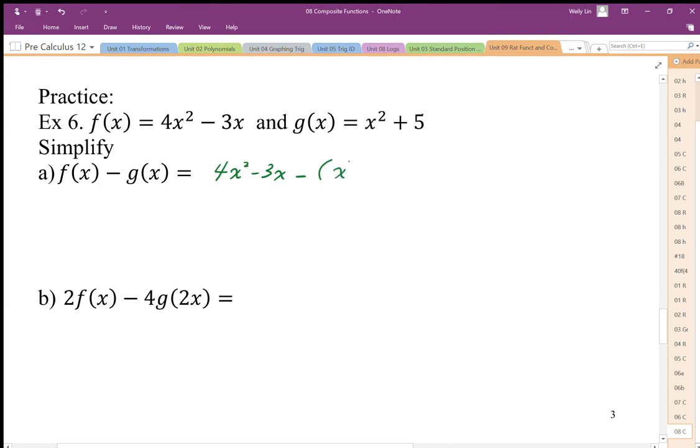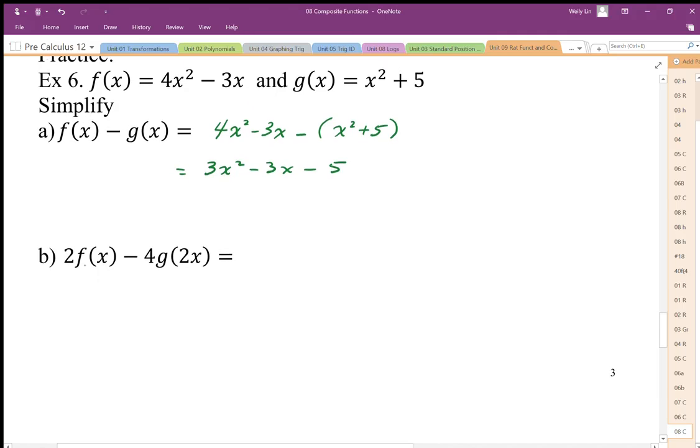We want to subtract all the terms in that second function. Combining like terms, I end up with 3x squared minus 3x minus 5. That's our combined function.